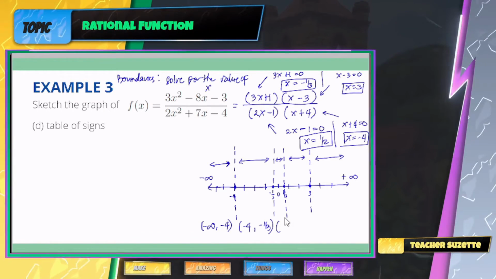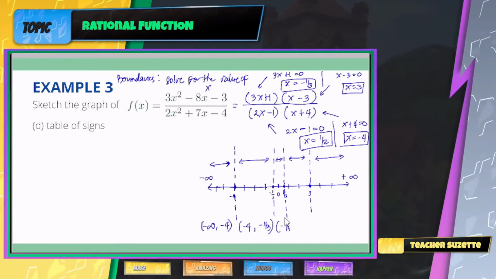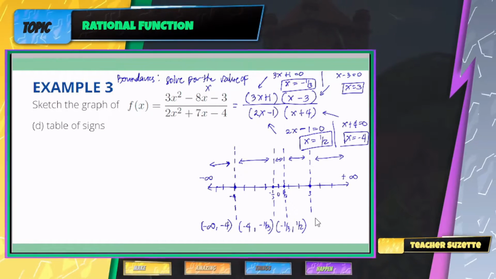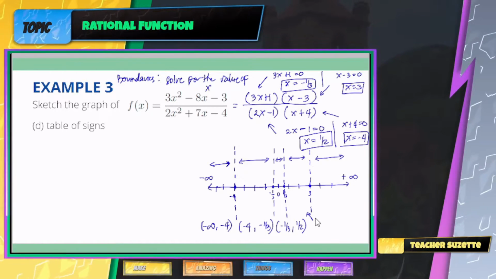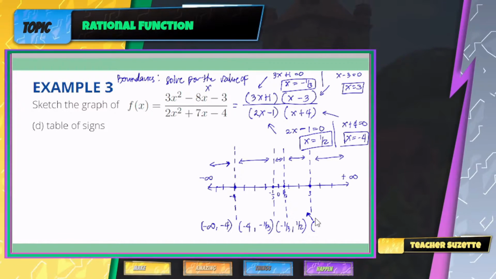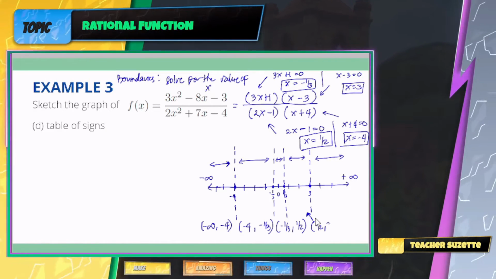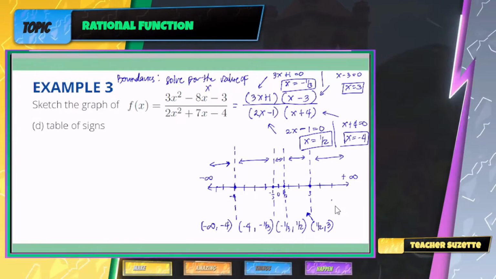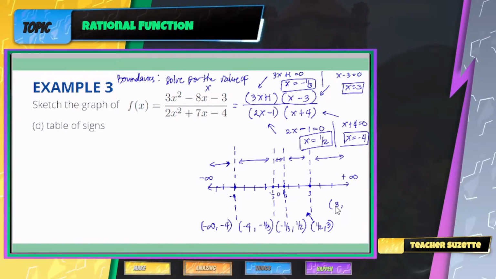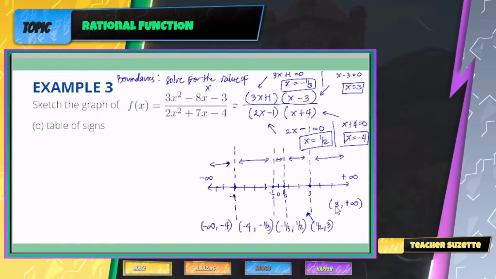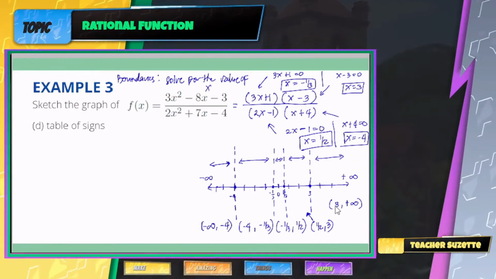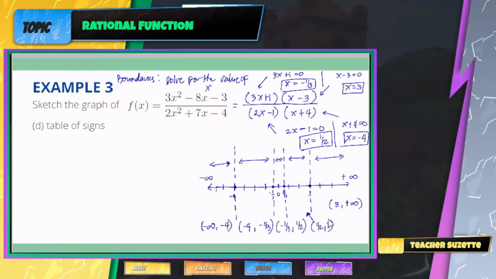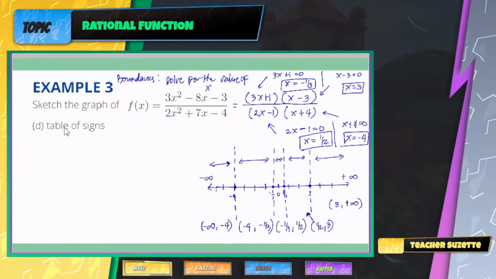That is in interval negative 1/3, comma 1/2. Then, between po ng ating 1/2 and 3. That is 1/2, comma 3. Then, last one is itong part na to, positive 3, comma, positive infinity. So, yan po, itong mga values na to will be used as the intervals in our table of sign.